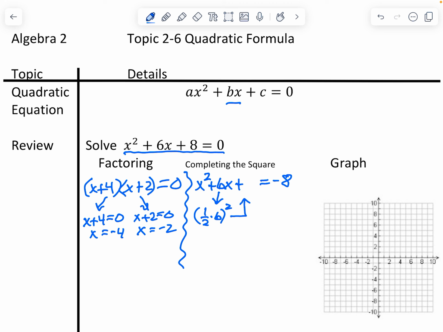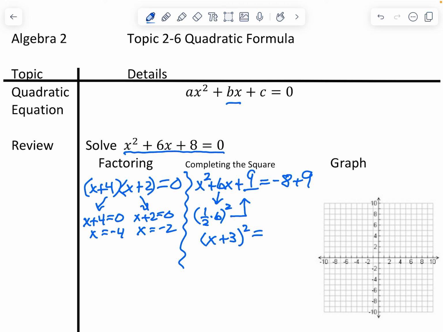So half of 6 is 3, squared is 9, add it to both sides, and you then factor the x squared plus the 6x plus the 9. That becomes x plus 3, which is x plus 3 squared.